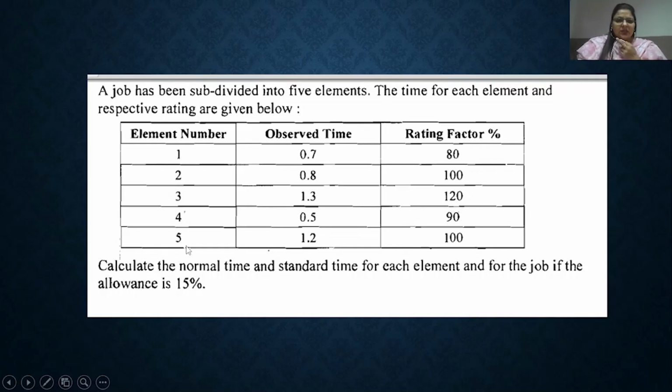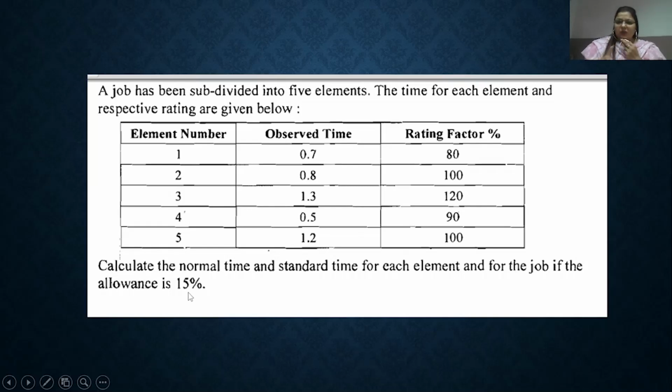It means a job is divided into 5 elements. Every particular element has an observed time of 0.7, 0.8, 1.3, 0.5 and 1.2. Here you can see the rating factors as given for the particular task: 80, 100, 120, 90 and 100. Calculate the normal time and standard time for each element and for the job if the allowance is 15%.